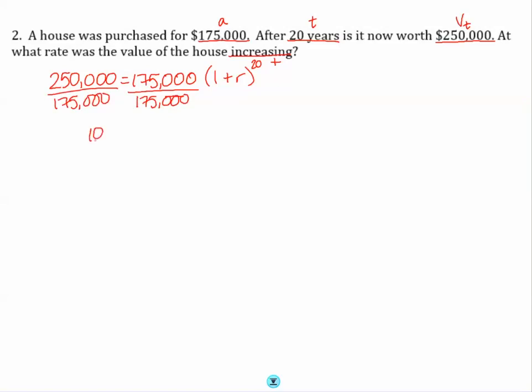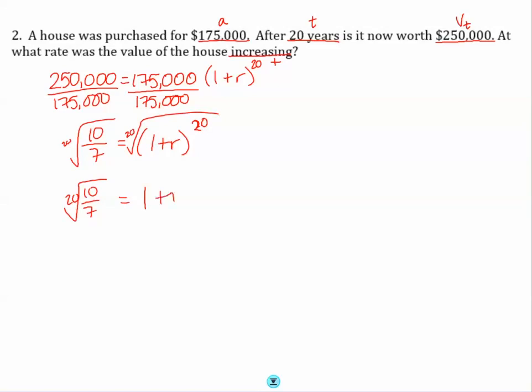We end up with 10 over 7 equals 1 plus r to the 20. To get rid of the 20th power, we need to take the 20th root of both sides. Then to finish solving, we need to subtract 1 from both sides.